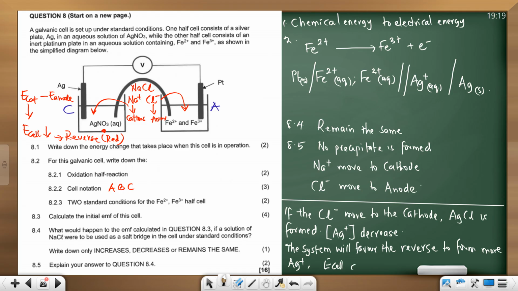E cell value will decrease. What you need to remember is use the formula. If the cathode decreases, the E cell will decrease. For the E cell to decrease, we must favor the reduction. If we favor the oxidation, it will increase.